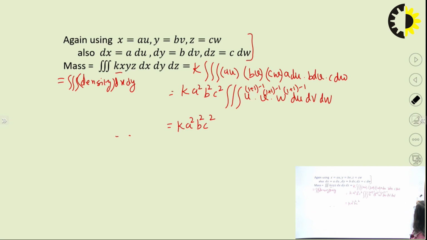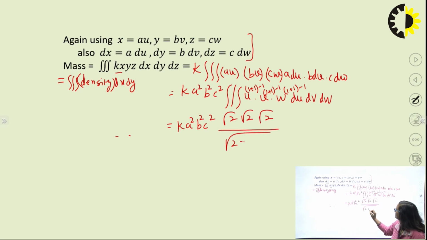So I write this as k a square b square c square, with L, M, N each taking the value 2. So I can write gamma 2, gamma 2, gamma 2 upon gamma of 2 plus 2 plus 2 plus 1, that is gamma L M N upon gamma of L plus M plus N plus 1.